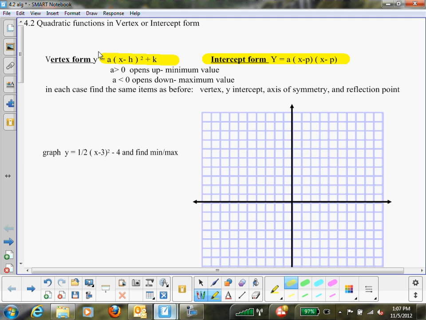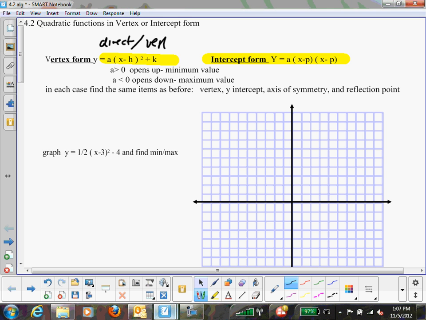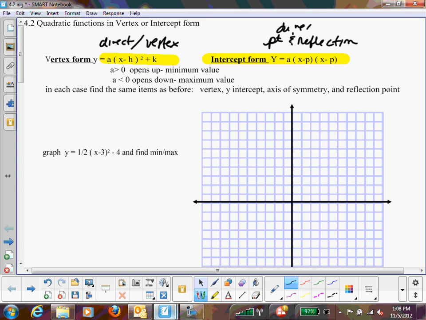So you might want to clarify that in this format we're given the direction and the vertex. In this form we're given a point and its reflection, in addition to the direction.